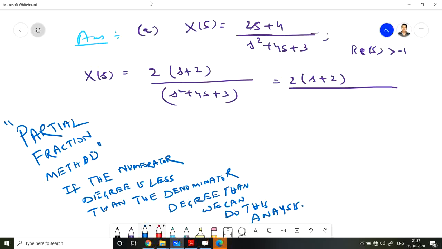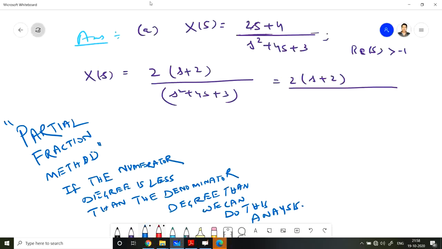And if the numerator degree is higher than or equal to the denominator degree, then we have to divide first. After that, for the resulting expression, we can do the partial fraction analysis. All these examples we will see later.